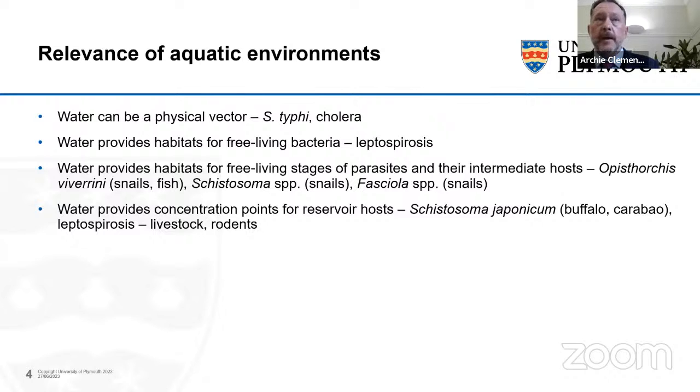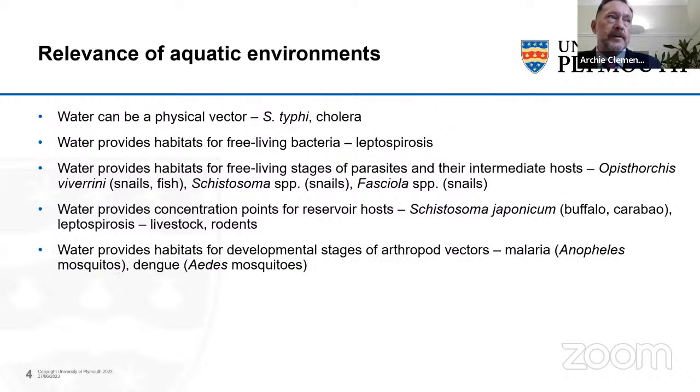They produce a lot of parasite eggs that then go into the water when they defecate, and then those parasites infect snails, and then the life cycle continues. Also, leptospirosis in water provides important concentration points for livestock and rodents who transmit onto humans.